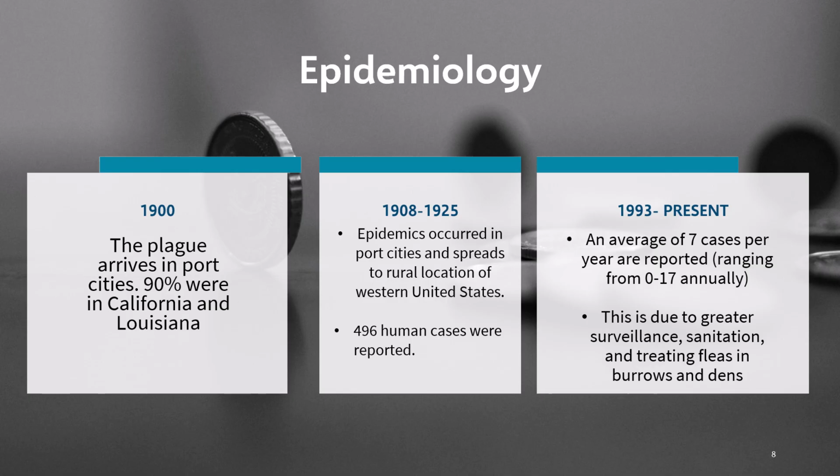During 1908 to 1925, 496 cases were reported. After that, there was a downtick until present day. There are currently an average of 7 cases reported annually. Annually it's ranging from 0 cases reported to 17 cases.